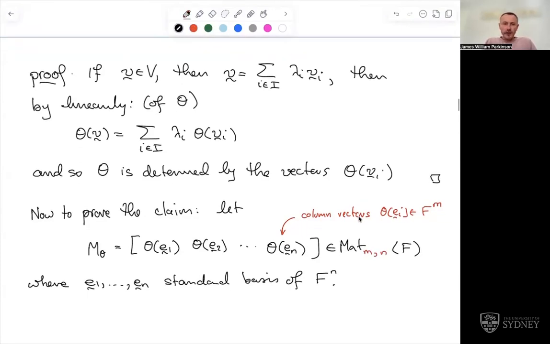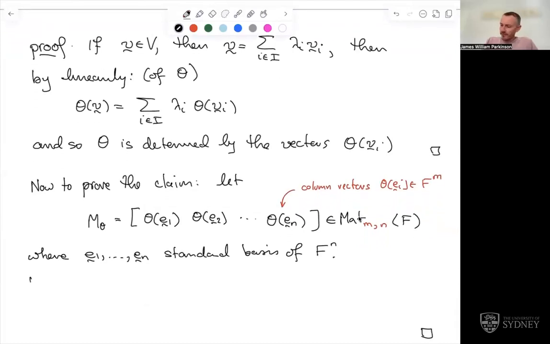Where they're the basis vectors of F^m. Okay, so in particular, by the way matrix multiplication works, if I look at M theta applied to e_j, then this equals theta of e_j. What that means is this linear transformation given by multiplying by M theta does exactly the same thing to the standard basis as theta does. So it's the same as theta by the proposition above.